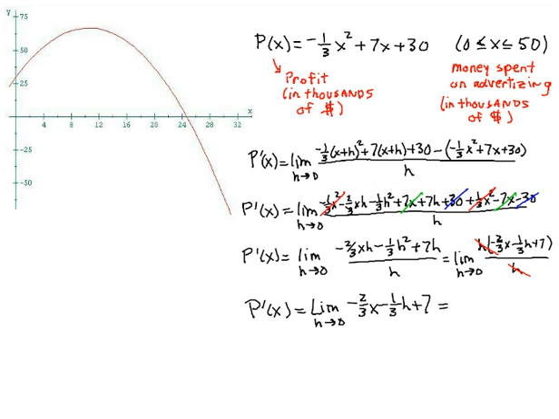As h goes to 0, that middle term will vanish, and I just have minus 2/3 x plus 7. So p prime of x equals minus 2/3 times x plus 7.